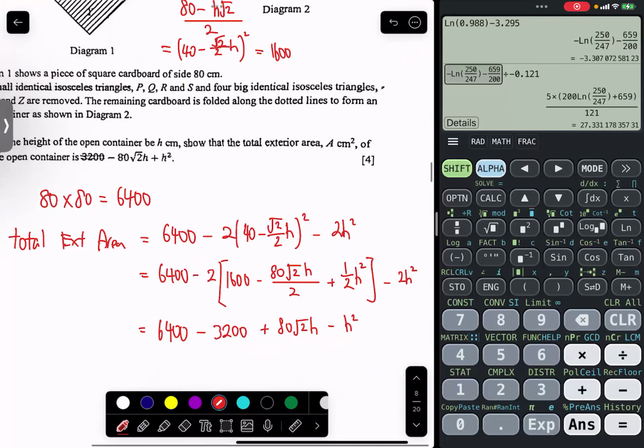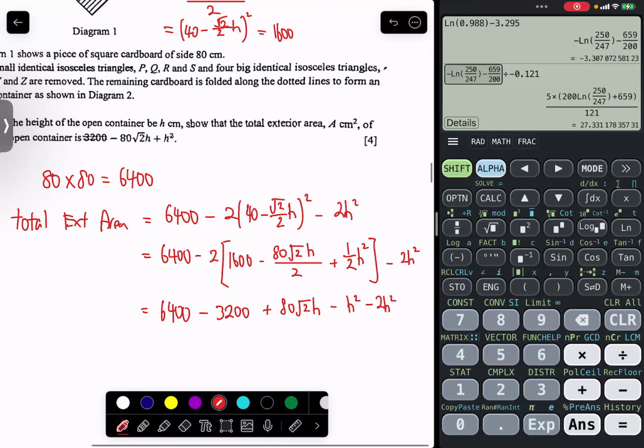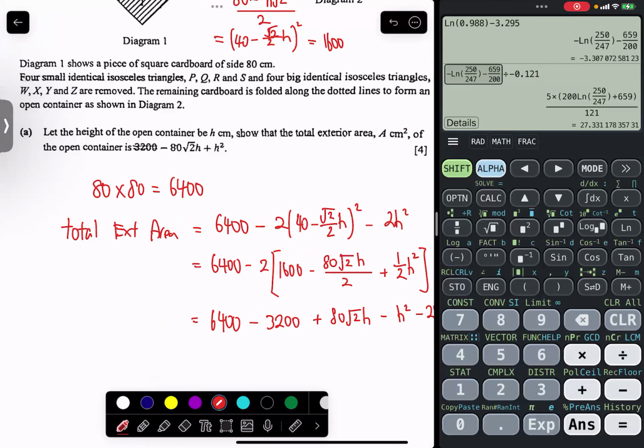Why is it plus h squared? Okay, wait, let me check the answer.